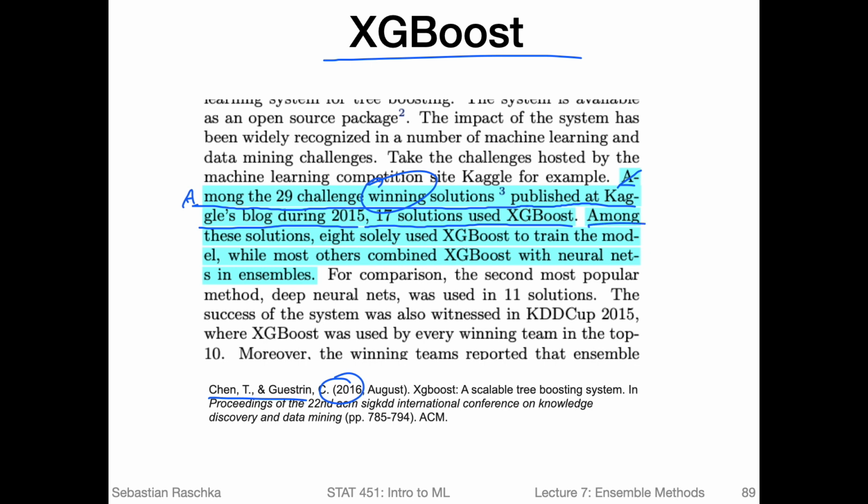Just to provide a little bit more detail, among these solutions, 8 solely used XGBoost to train the model, while most of the remaining ones combined XGBoost with neural networks in ensembles. For that, you can, for example, think of the ensemble vote classifier that we talked about.